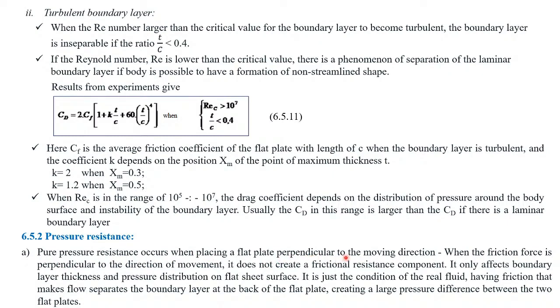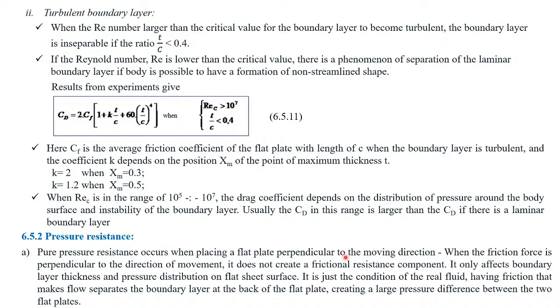That means you have a flat plate here, and the movement direction here is normal to this area. So in this case, you get the pressure resistance, and you get the drag force by the pressure, just pressure.